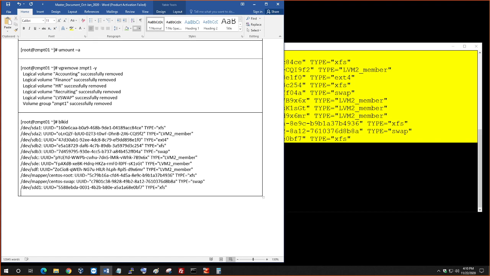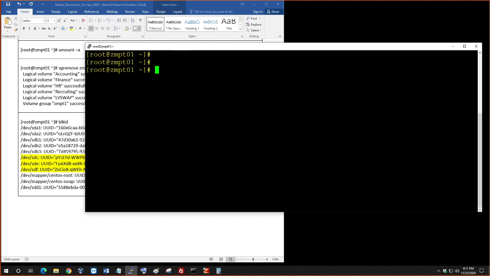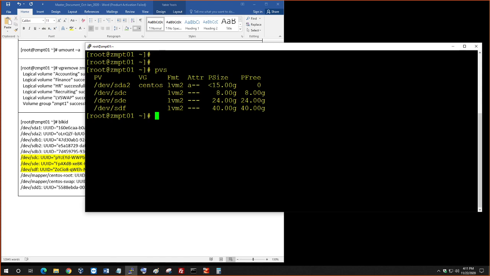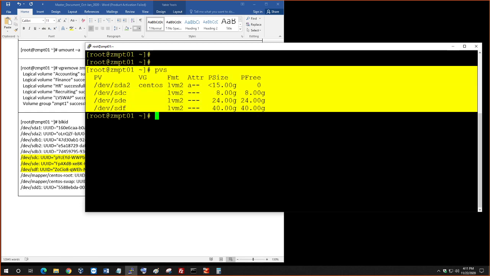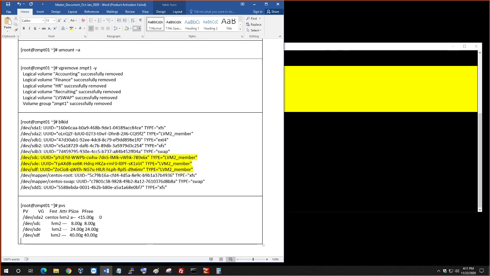Basically you're looking for these drives here, SDC, E, and F. So I'm going to run the command pvs. Now you see these three drives, they are loner now, so you could reassign them to another volume group at this point, but now we are destroying this, so you do this here.